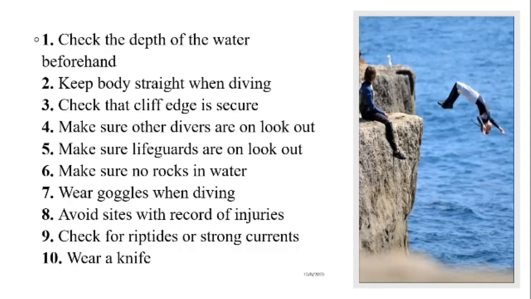I could say that point number two is relevant and logically you can pair point number two and point number 6 together. So you could say that before diving, ensure your body is straightly positioned when diving into water, as well as being certain that there are no rocks in the water.